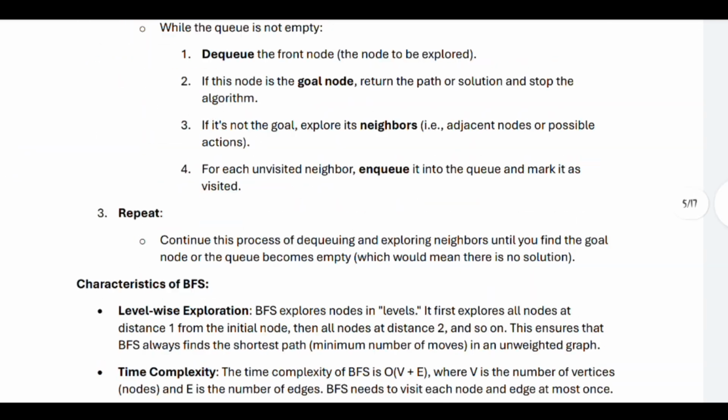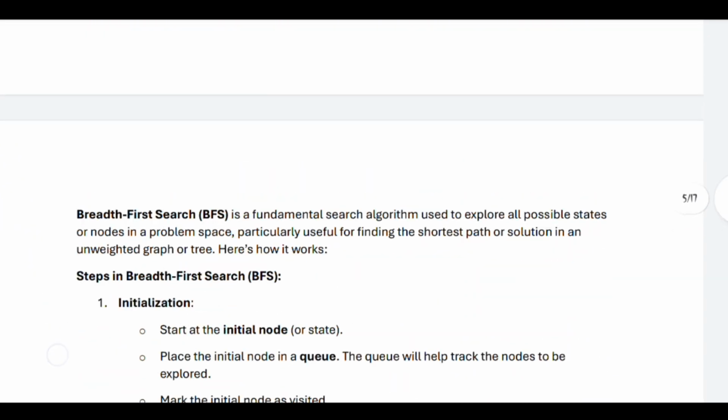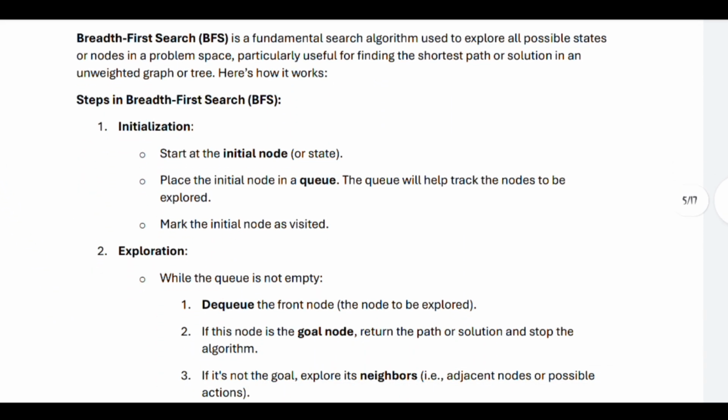If you see the graph, you are not given the graph here, so you can study this. It is very simple, you can use ChatGPT also. First we have to see the initial state, then we start expanding nodes, that is the initialization.